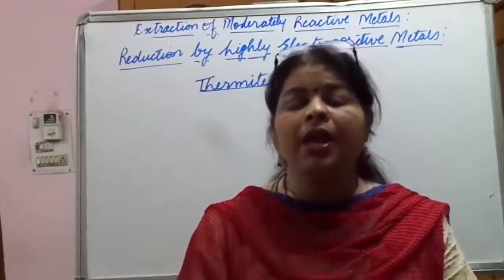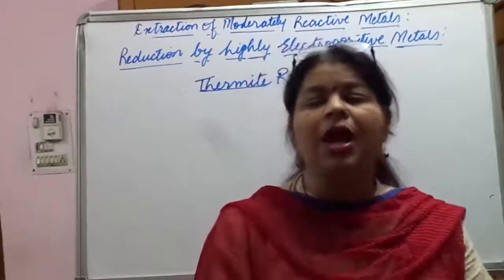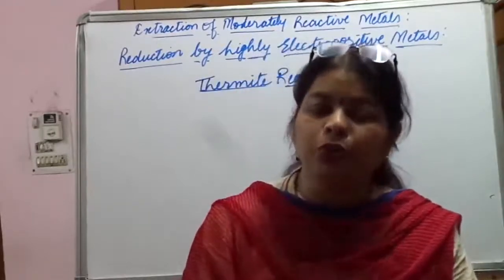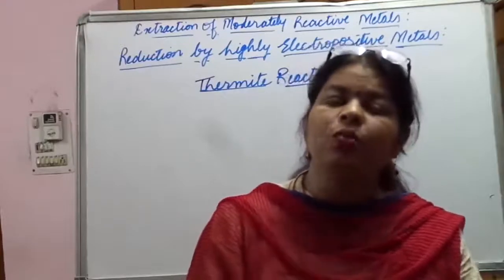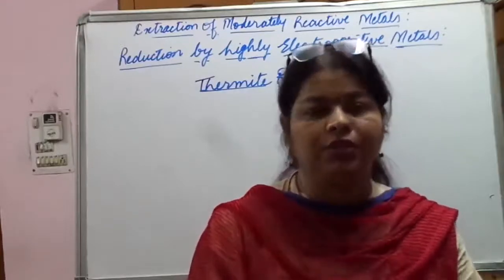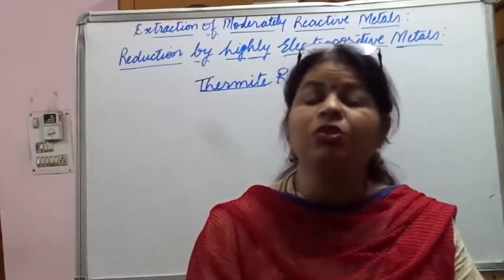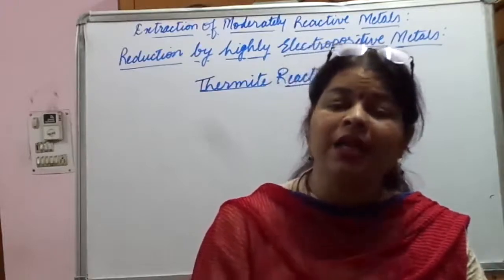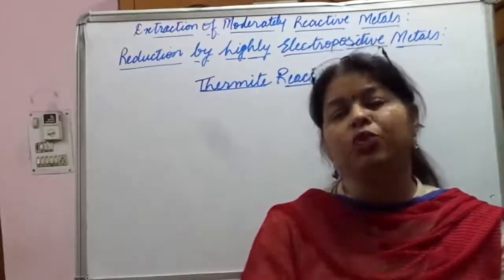Aluminium reduces iron oxide to produce iron metal with the evolution of a lot of heat. Due to this heat, iron metal is produced in the molten state.